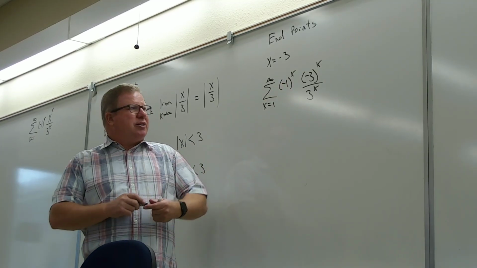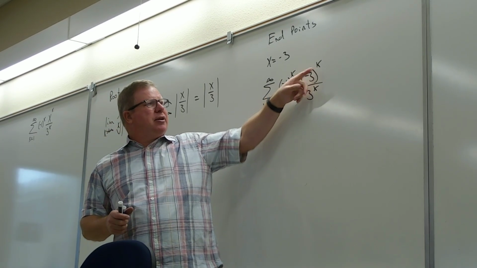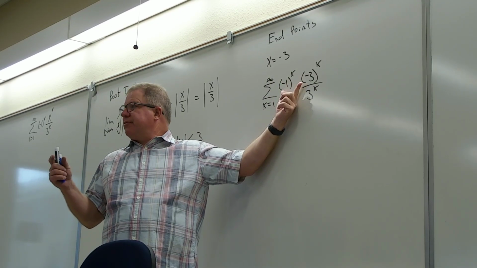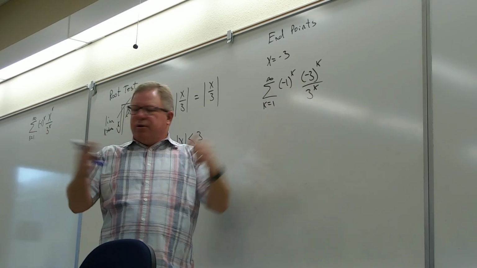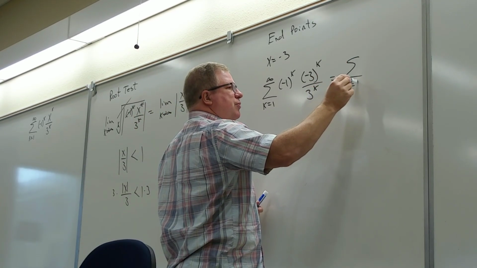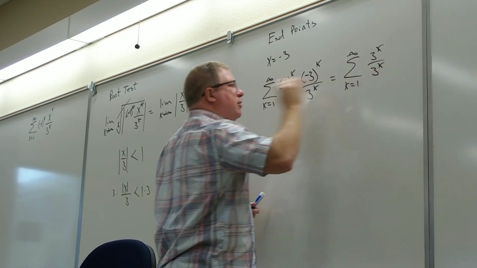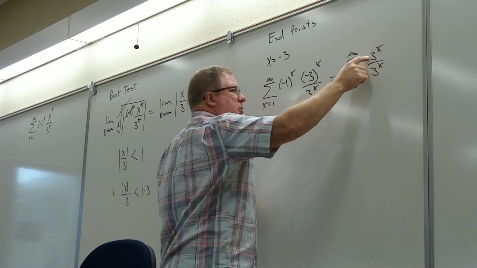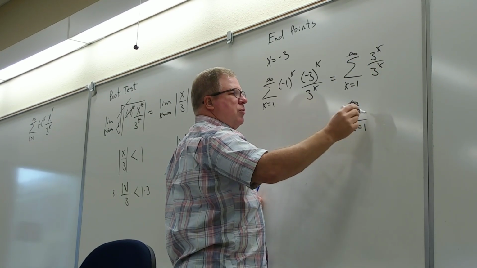They cancel out because they're both being raised to the exact same exponent, k. That means they will have the same sign. They're either both negative or both positive, and whenever we multiply with the same signs, we get positive. So this equals the sum from k equals 1 to infinity of 3^k over 3^k, because those cancel each other out. Now, 3^k divided by 3^k is 1.